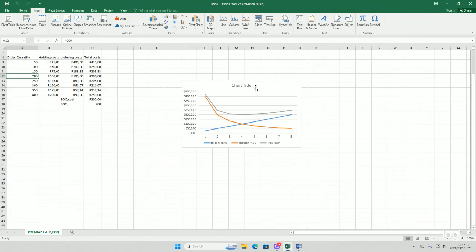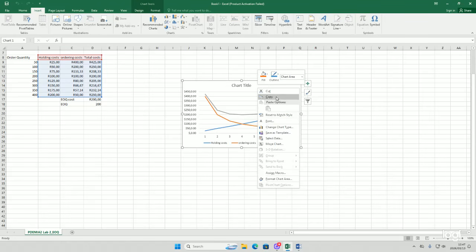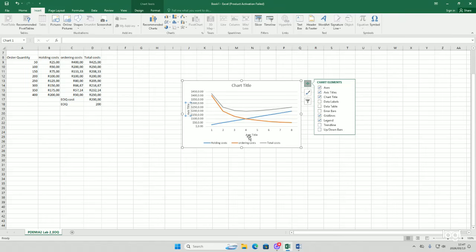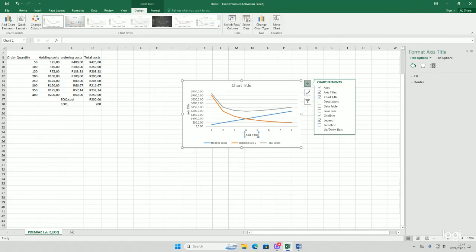So here you would insert your axis title. You come here and you say axis title. You're going to name this your order quantity, which is in units.